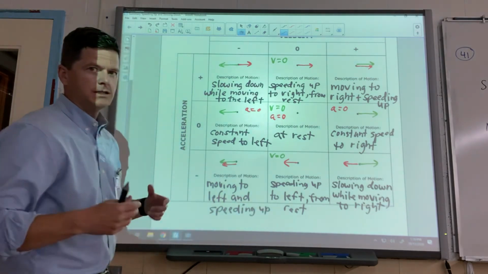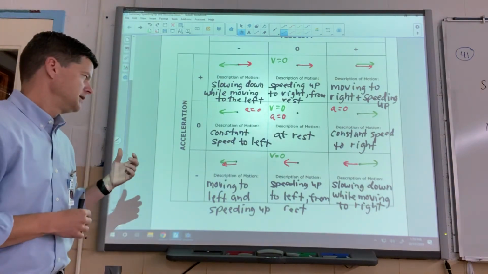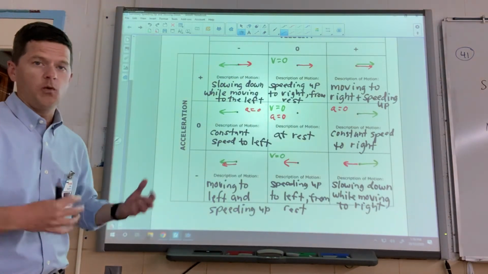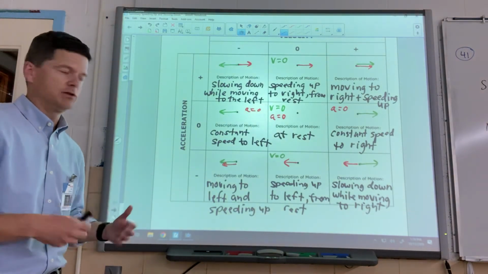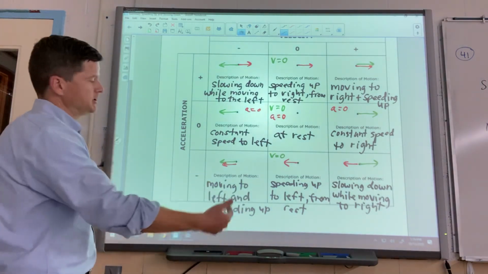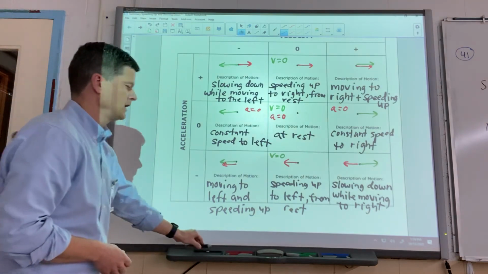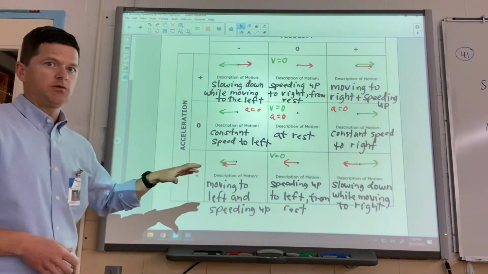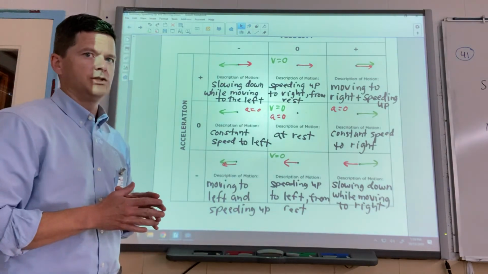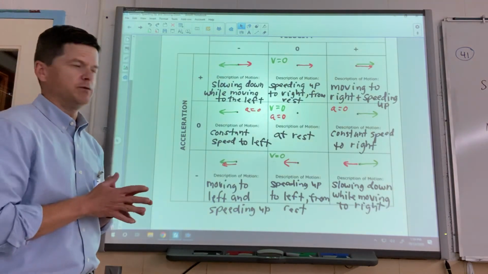So again, we can't assume that a negative acceleration always means slowing down. It's directional. So we can have a negative acceleration paired with a negative velocity, and that object would be speeding up. So this is all the possible combinations of velocity and acceleration if we're looking at one-dimensional motion.